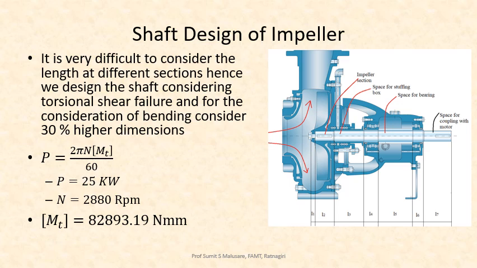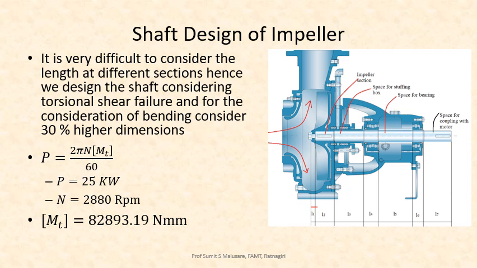Now we have to go for the shaft design of the impeller. This is the entire shaft. First of all we will see how many components will be fitted on the shaft. Let this be the first, L1. This is the total length provided for the locking, or we can say the lock nut of the impeller, so that the impeller will not move outside.